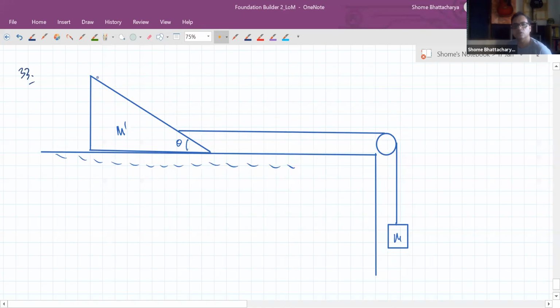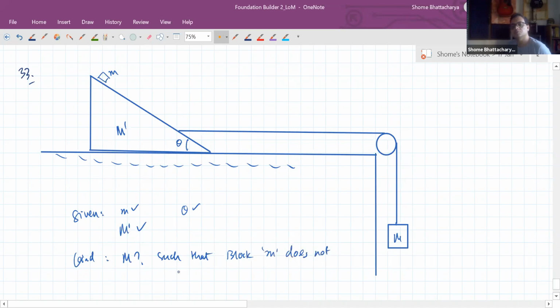But now we are also placing a block here of mass small m, and given that we know the value of m and the angle theta, we want to find the value of capital M such that the block small m does not slip down the inclined surface of the wedge M prime. So I want this situation.